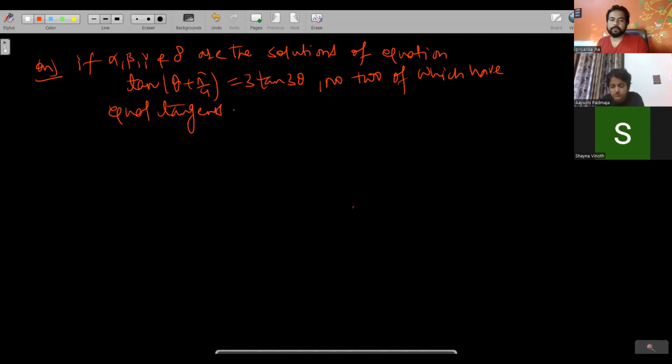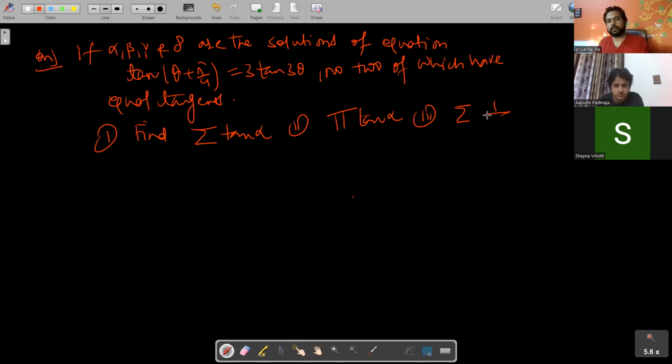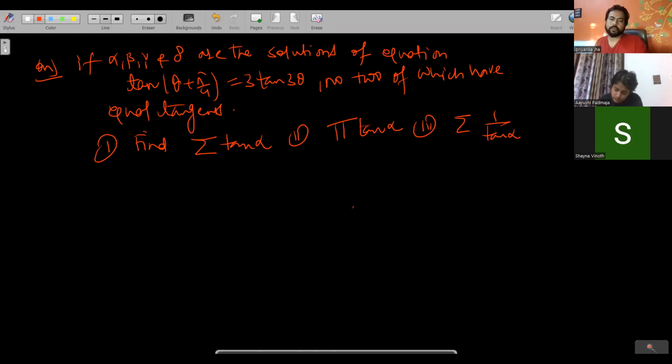This is comprehension type. First, you have to find the value of summation tan alpha. Second, product of tan alpha. Third, summation 1 by tan alpha. Tell me.